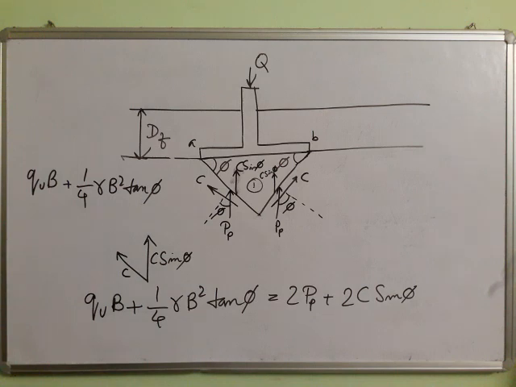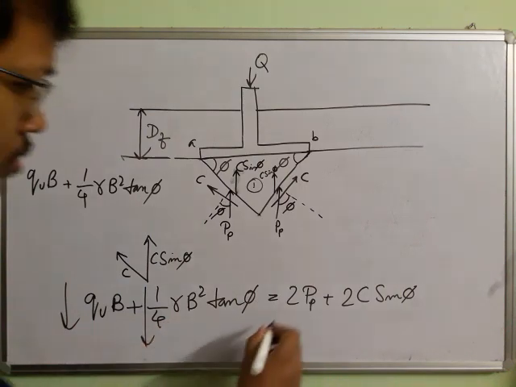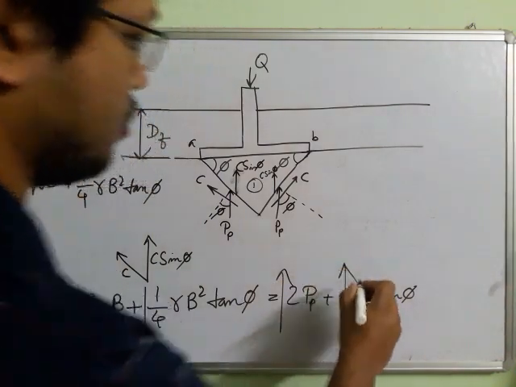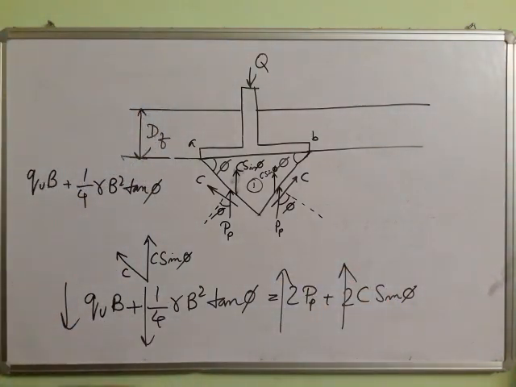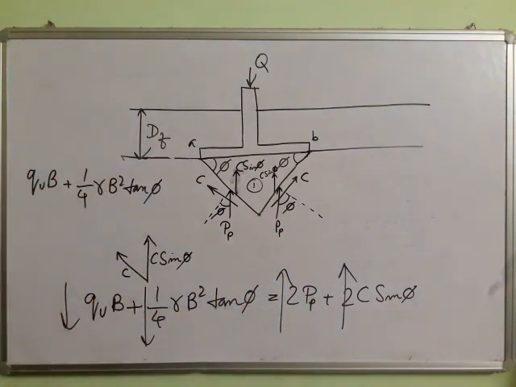Isn't it? These are the forces going down, and these are the disturbing forces. These are the forces going up; they will be the resisting forces. So ultimately this is the equation for the limiting equilibrium.